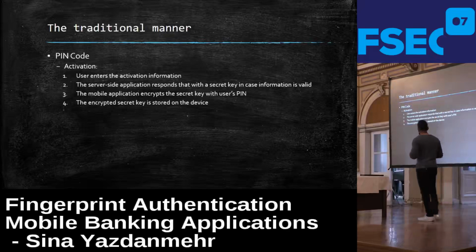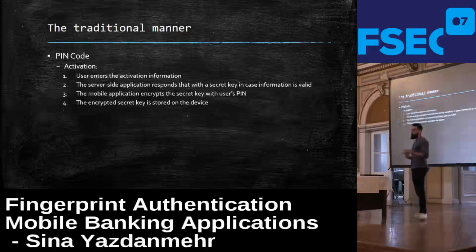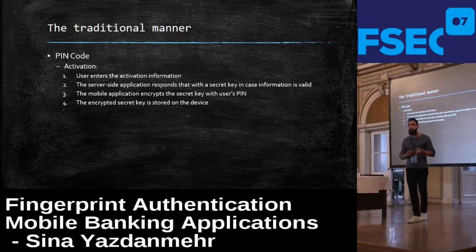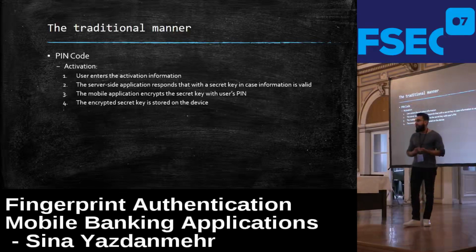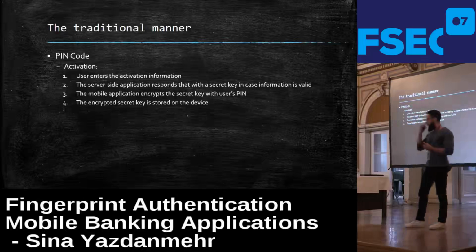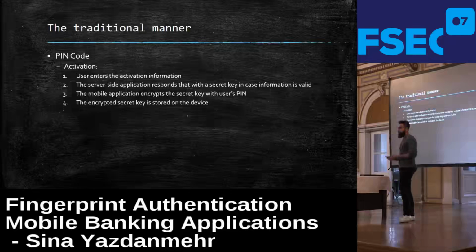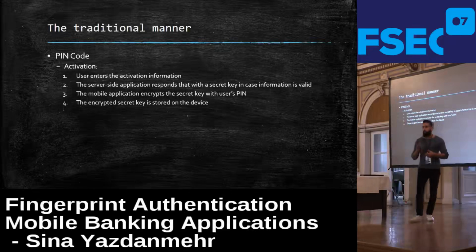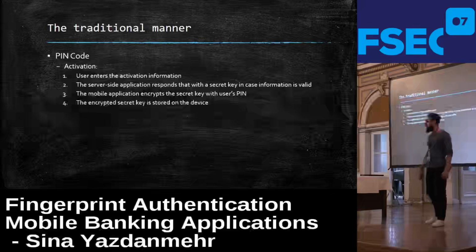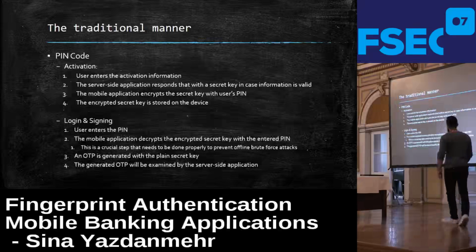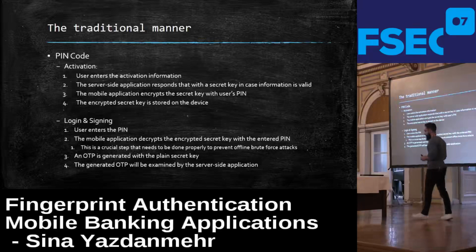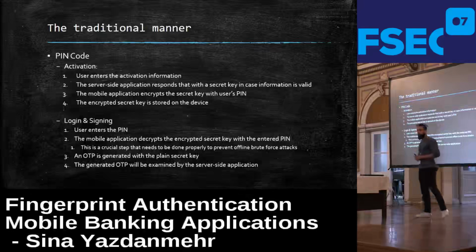Then the mobile application asks the user to enter a PIN in order to use that as an encryption key. And then the mobile app will store the encrypted secret key on the device. Now the application is ready to use in the future. So, in two other situations, the secret key will be used by the app.